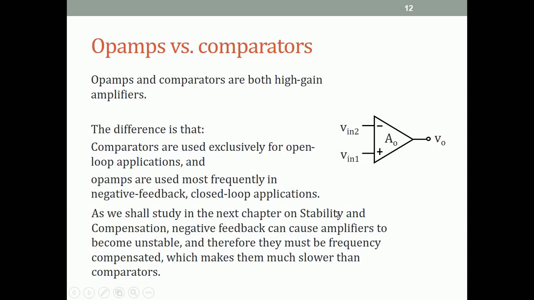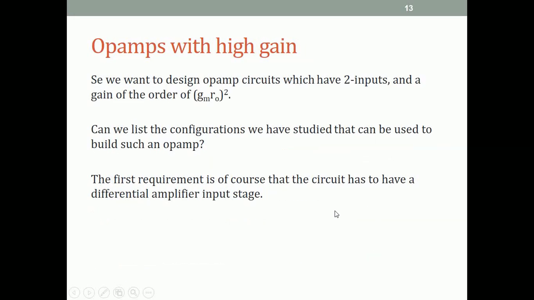Therefore, op-amps are always slower than comparator circuits. Our purpose in this course is to study op-amps. Op-amps can be used as comparators because they are high gain circuits, only they will be slower. Comparators cannot be used with negative feedback, because if you do, they will be unstable.